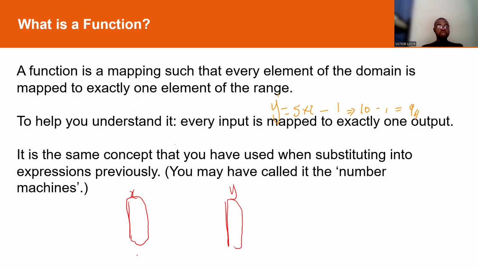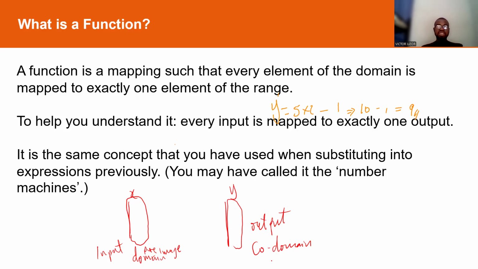So the input value, you call it domain. You can also call it pre-image. You can also call it input. While the output value, like we know, is known as codomain.